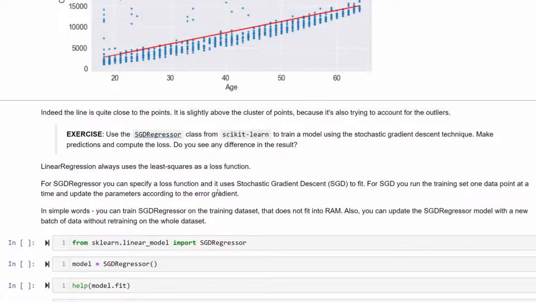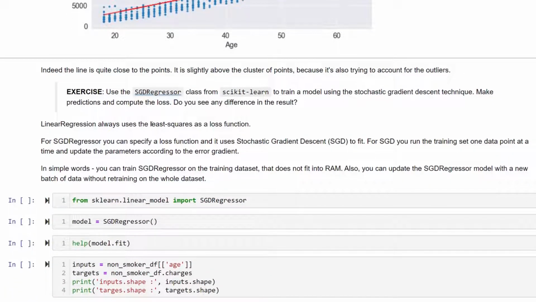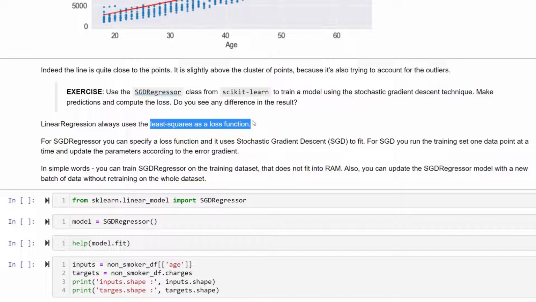Now there is an exercise. We have used linear regression as a part; now the SGD regressor is a class from the scikit-learn module. Linear regression will always use least squares as the loss function.